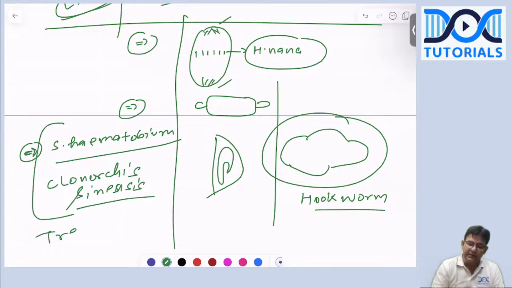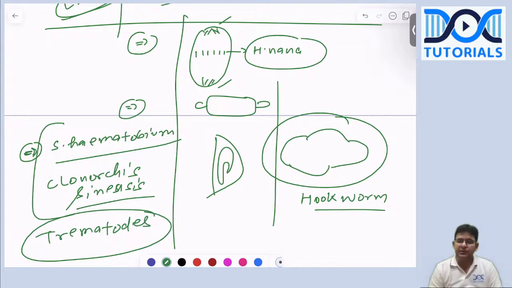And what are these, guys? They are trematodes associated with cancer. Schistosoma haematobium causes carcinoma of the urinary bladder, and this causes carcinoma of the bile duct or cholangiocarcinoma. Yes or no?